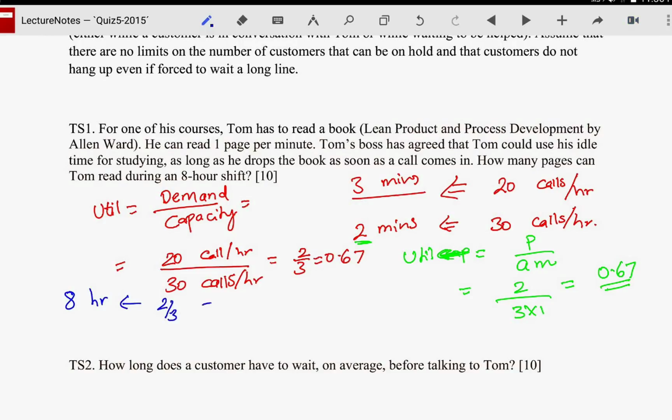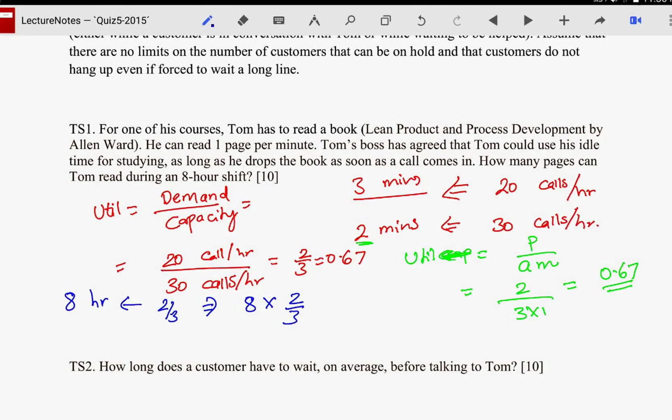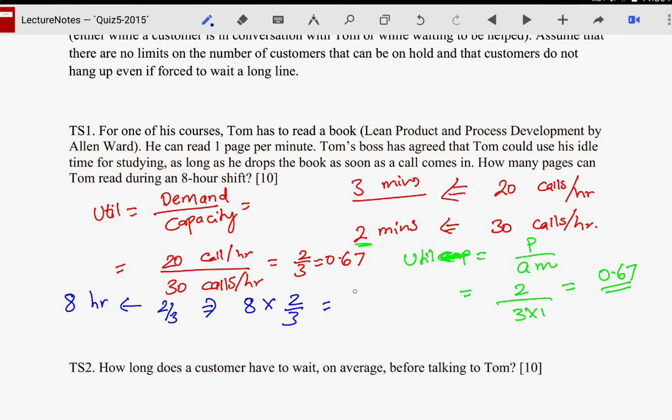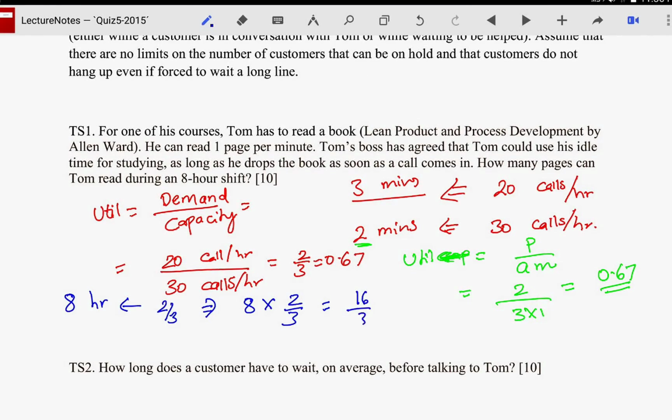That is, he is busy 8 times 2/3, which is 16 divided by 3, which is 5.33.